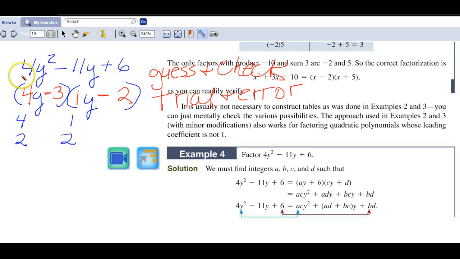So you're fiddling around with this when the coefficient of our lead variable is not a 1. When this is a 1, it's a lot easier, because then you have to start thinking, what are the factors of that?